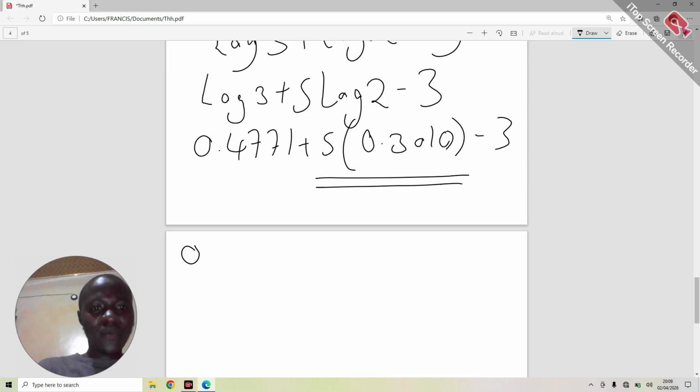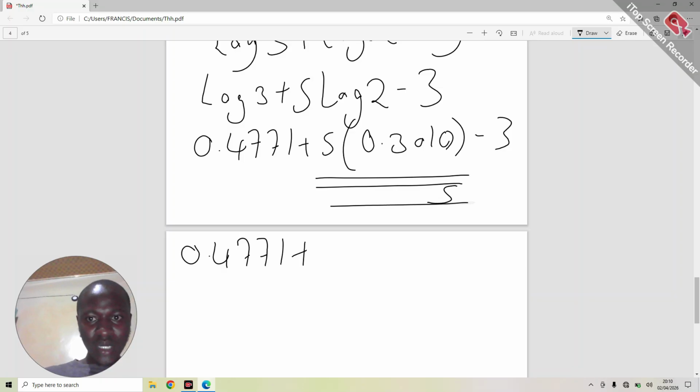So we have 0.4771 plus, if you solve that part, 5 multiplied by that, we get 1.5050 minus 3.